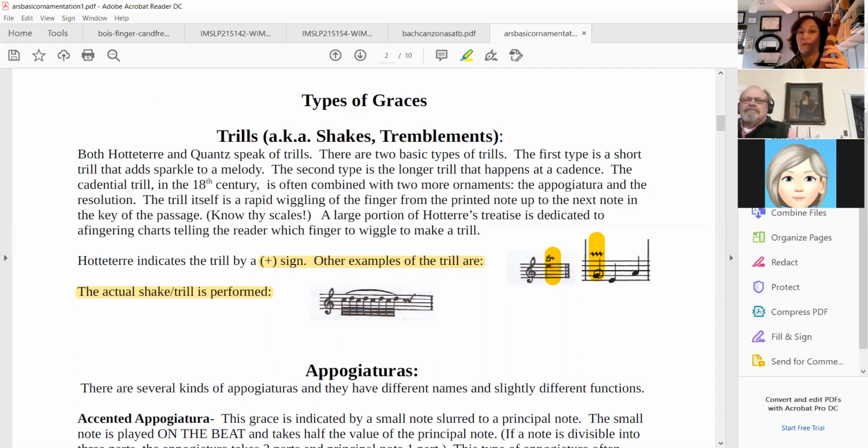For example, if I'm trying to trill from G to A, my G on the alto recorder is just one finger, and I'm trying to get to the high A, which is half thumb, 1, 2, 3, 4. That's not terribly obvious how you're going to wiggle. So that's where we have the trill chart to tell you the minimum number of fingers you need to wiggle to make the trill happen.